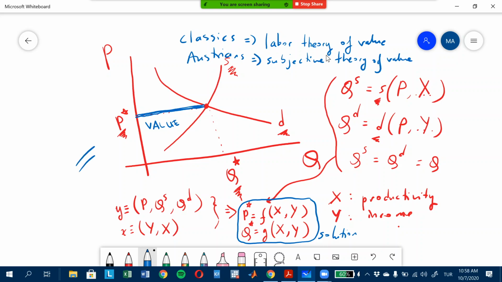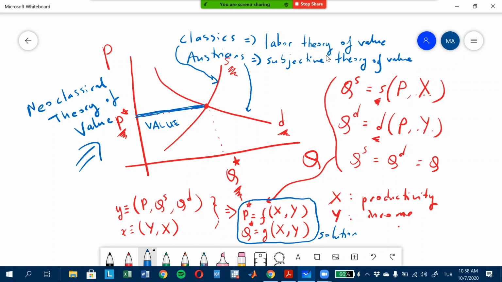And this model is simply called the neoclassical theory of value. So classics usually think about the supply function, and Austrians usually think about demand functions, okay?